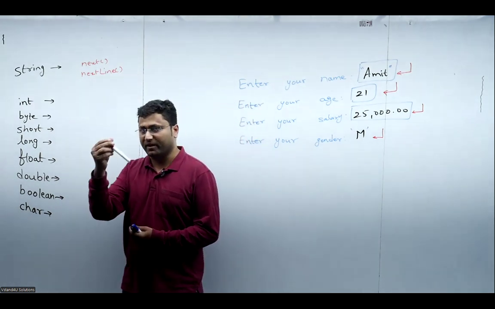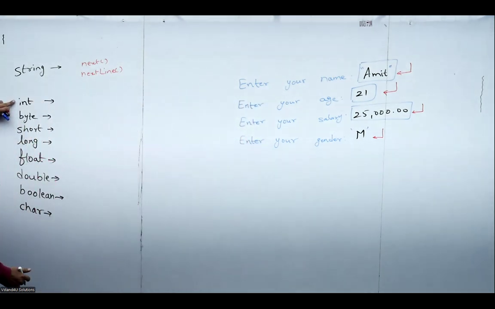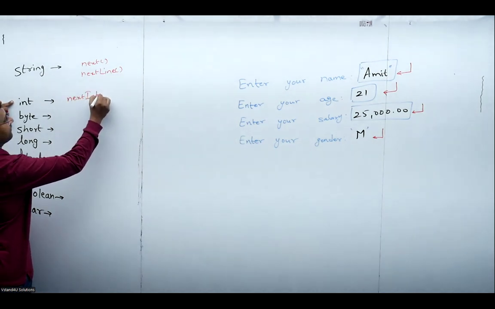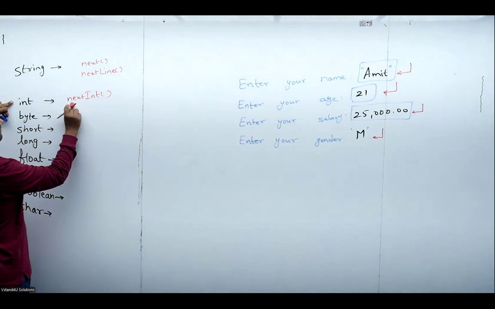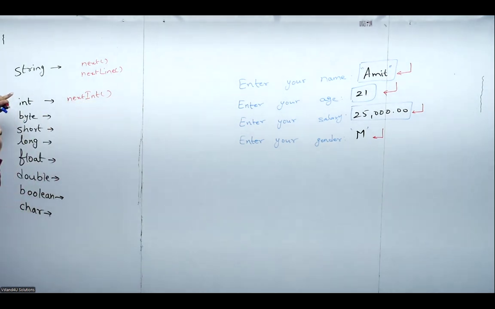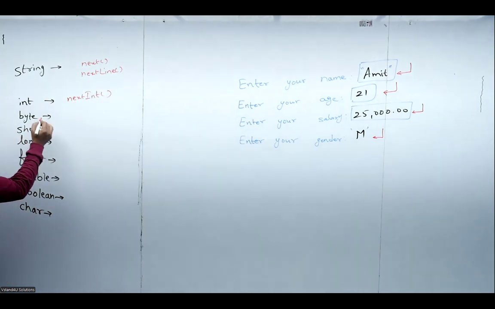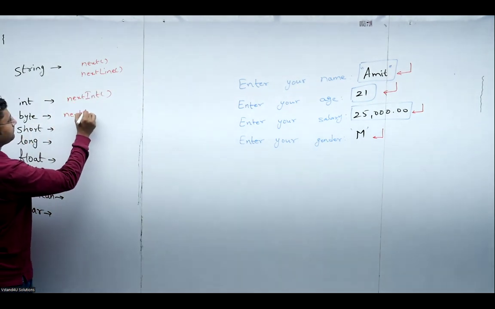Let me help you with all of them. If you want integer data, you will use nextInt. If you observe, everything is in lowercase except I. I is in uppercase, here L is in uppercase. Agree? Okay, sir. Byte: nextByte.